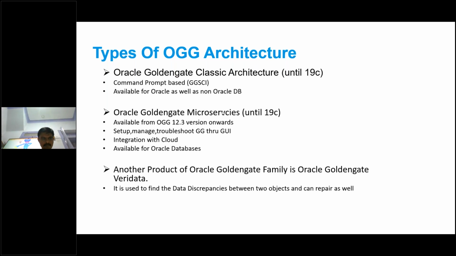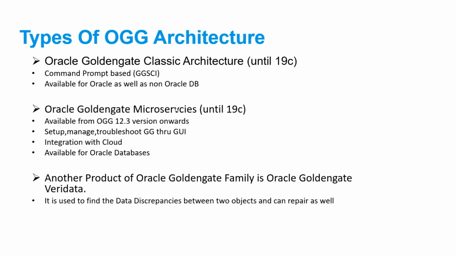Learning all three prepares you for any Goldengate environment you can work in. We are talking about until 19c. Until 19c, classic architecture is command prompt based, and it is available for Oracle as well as non-Oracle databases. However, Oracle Goldengate microservices is available from Oracle Goldengate 12.3 version onward.